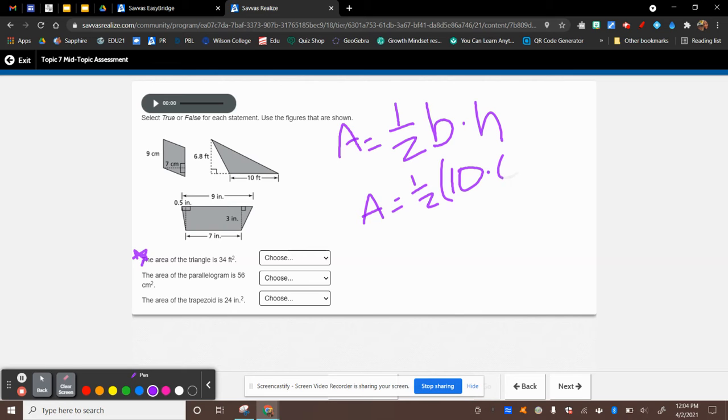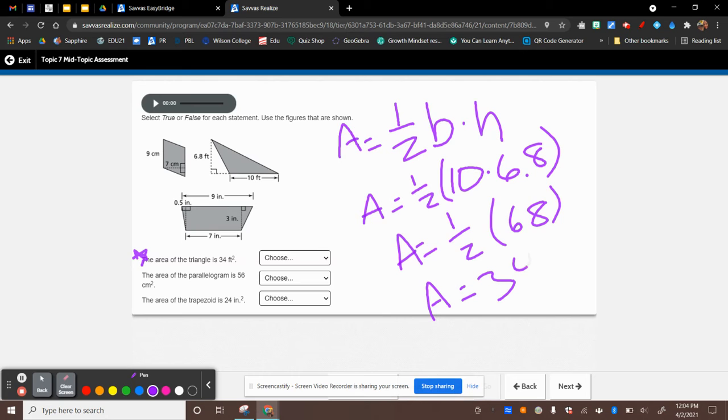The height is 6.8. So we can do 10 times 6.8, gives us 68. When we multiply 1/2 times 68, we get 34 feet squared. So the answer to the first one is true.